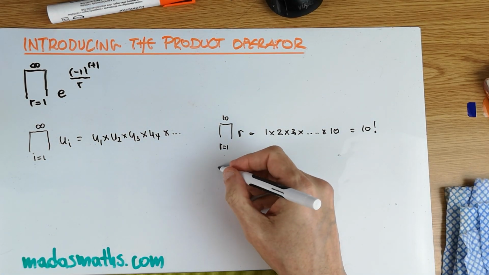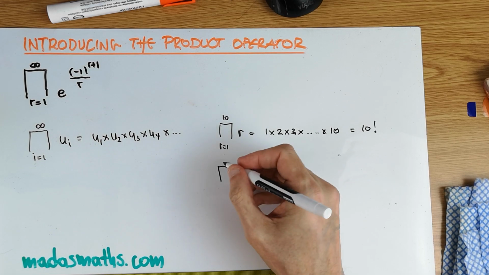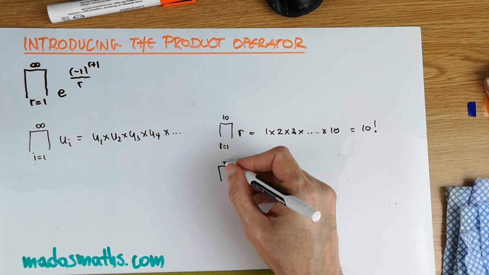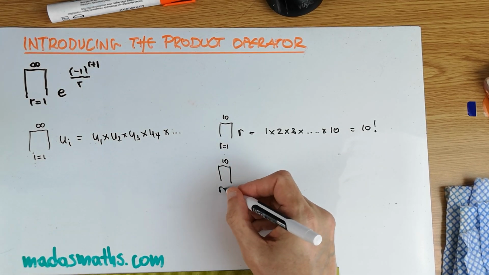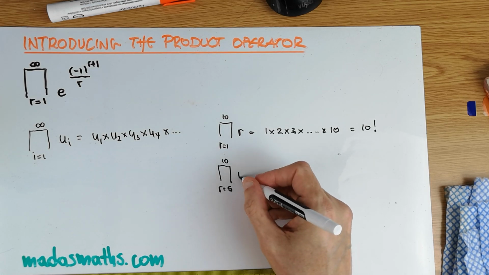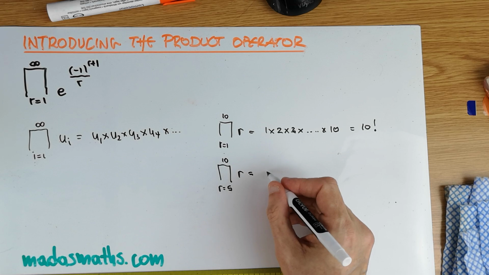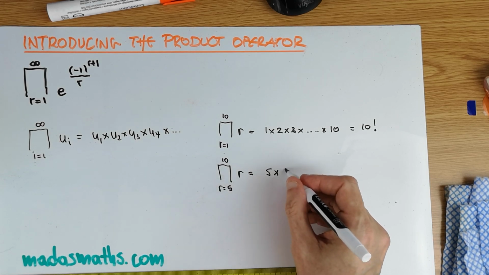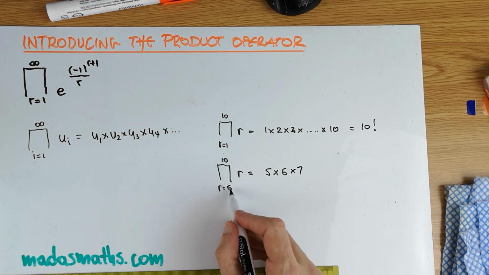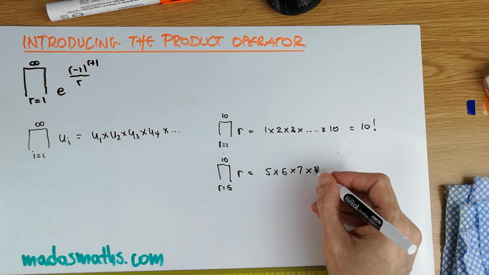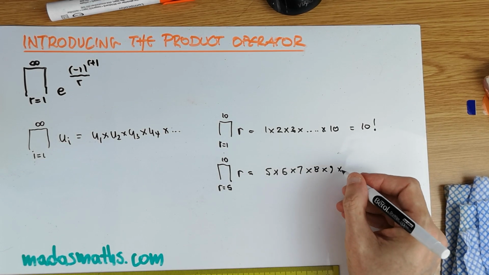For example, if we had from, let's say, from r is equal to 5, this quantity here is of course 5 times 6, because we start from 5, remember it's always product, times 7 times 8 times 9 times 10.